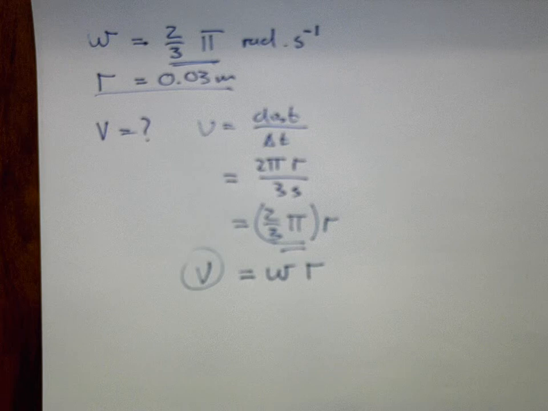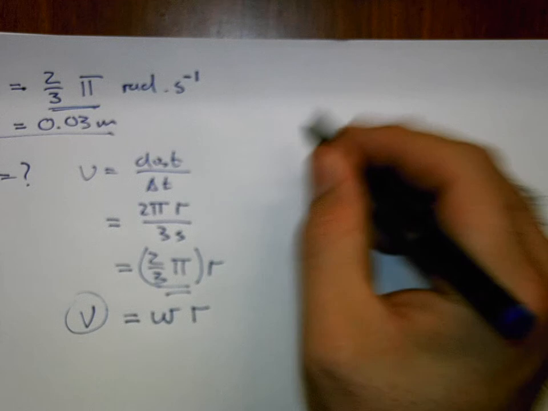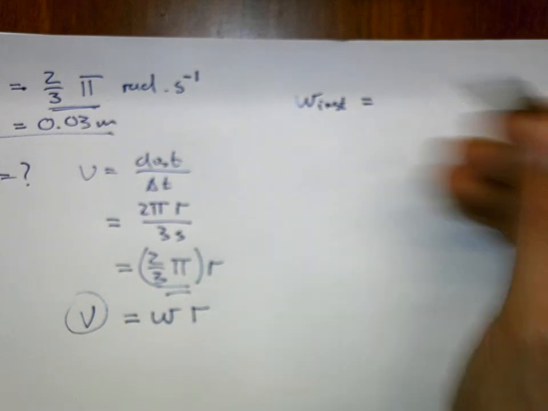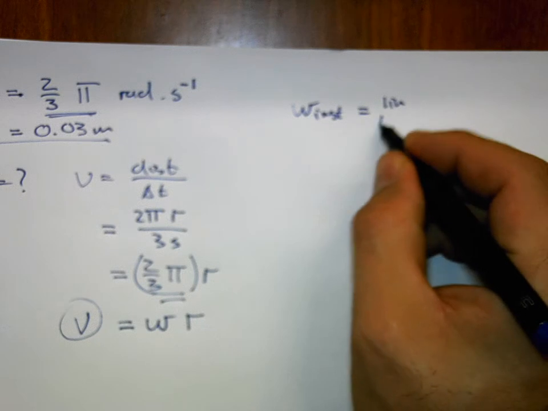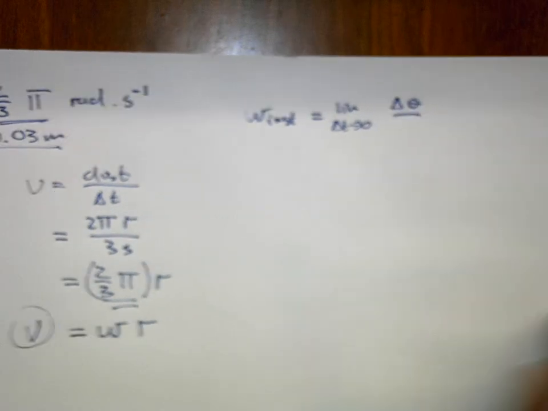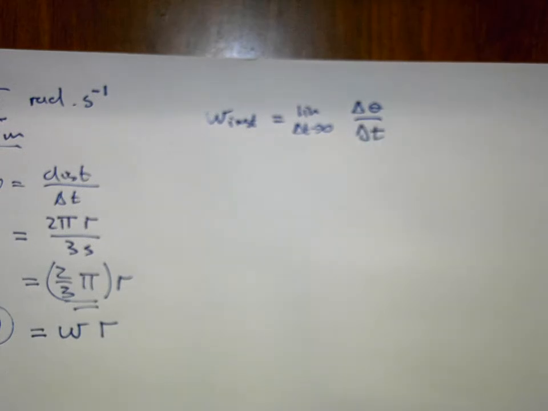Like we had with straight line motion, we can define an instantaneous angular speed if we take the limit where delta t goes to 0 of this ratio.